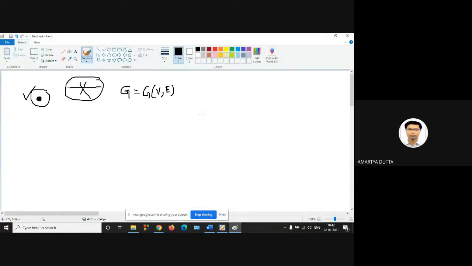And it is denoted with this sign for directed. U and V, that means there is a connection, with a direction. And this is for undirected: this is U and this is V. This is undirected.